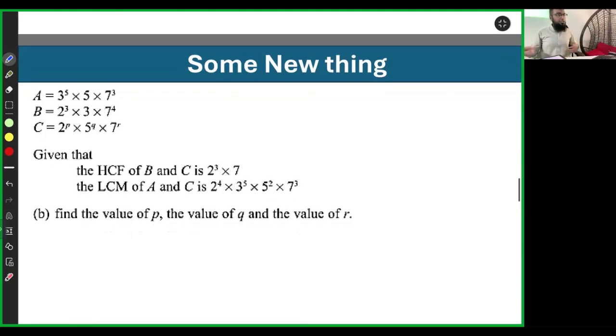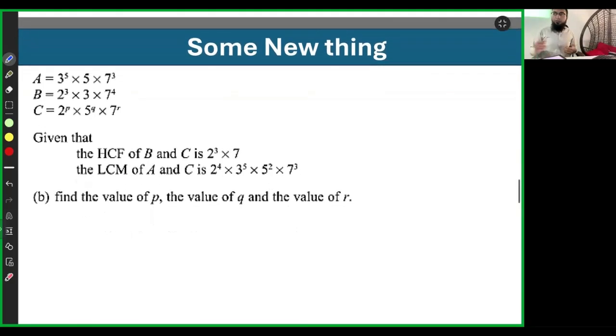Another new things. Now see, the topic is same and we are getting a lot of new things. So we're having A, B, C. And he said that the HCF of B and C is given. And the LCM of A and C is given. Find the value of P and the value of Q. So it's basically, you can say, a converse of the main thing, whatever we are doing right now.